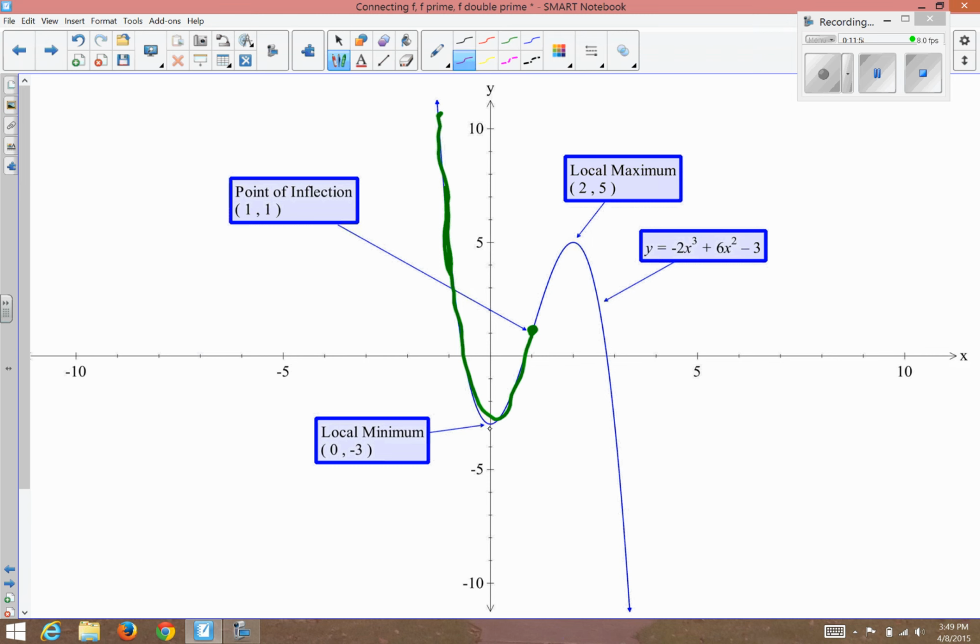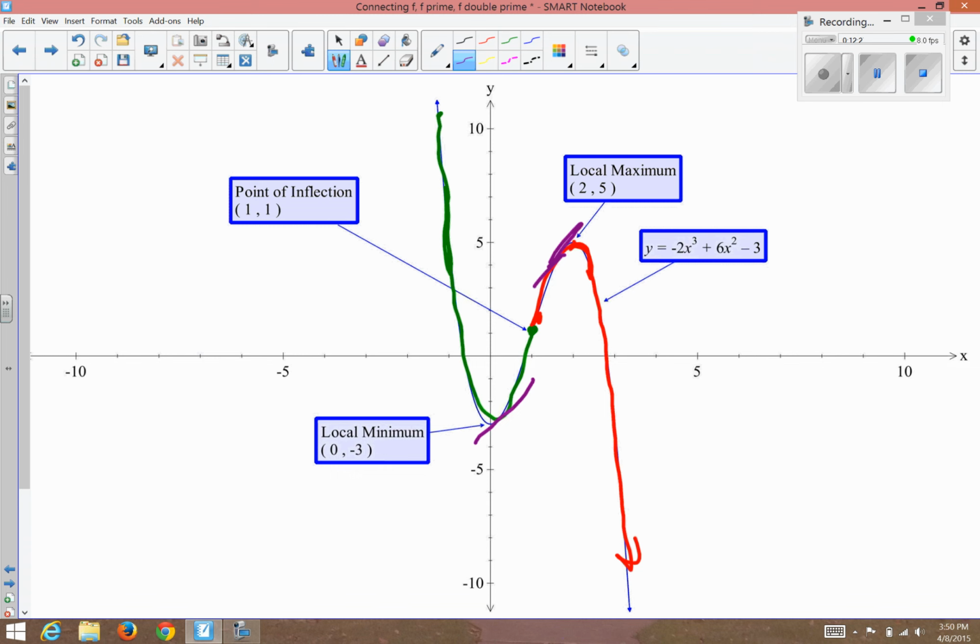For example, right here, that purple is below the green. The rest of the graph, I'll make it red, from the point 1, 1, and after that, the rest of this is called concave down, meaning any tangent line on the red part will be above the curve. Here's a for instance. This purple is above the red.